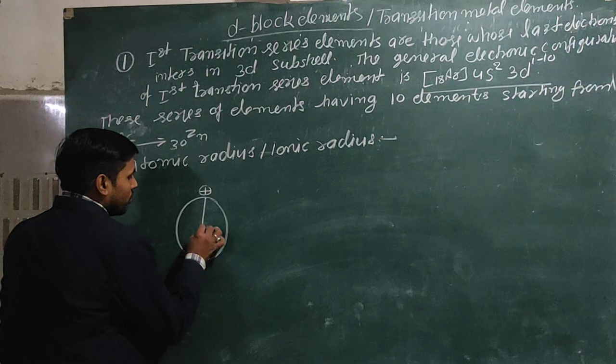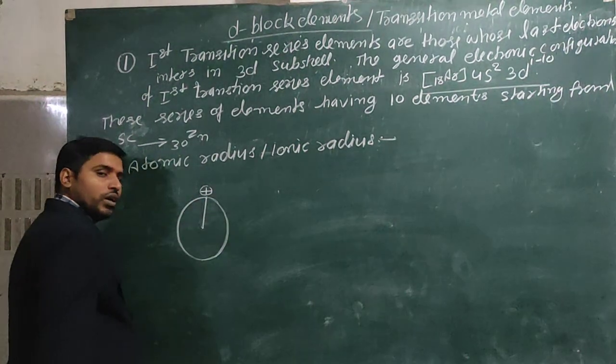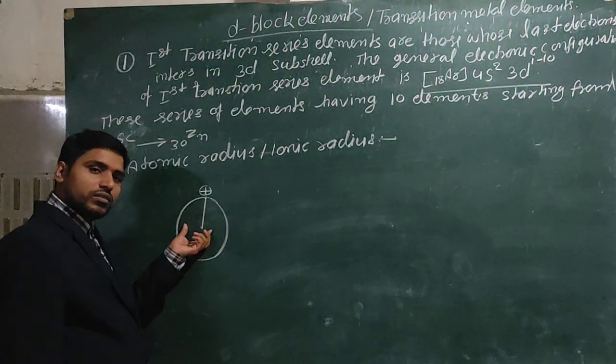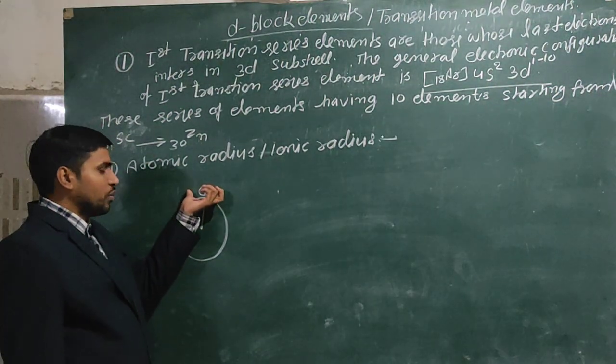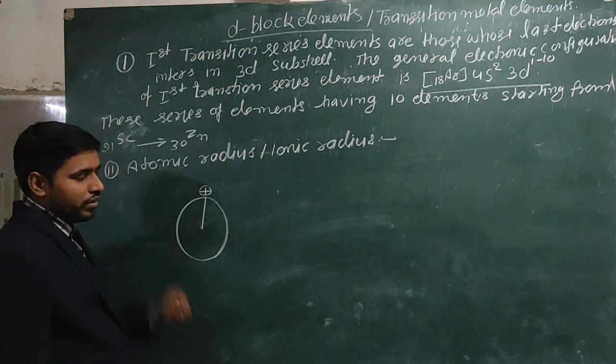Thus the distance from the nucleus to the outermost shell is the atomic radius, but if present in the form of an ion, it is known as the ionic radius.